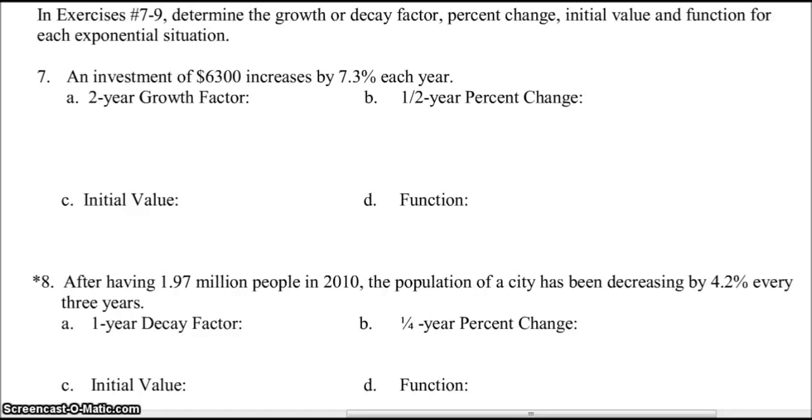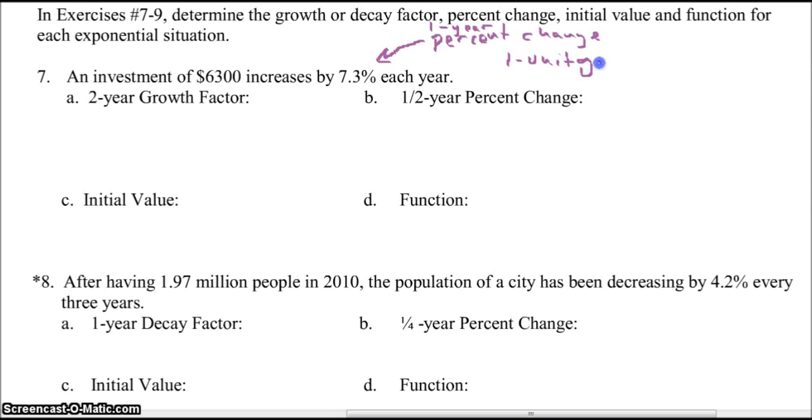So 7, an investment of 6,300 increases by 7.3% each year. Okay, so what do we have here? First of all, we have the 7.3% increase. That's our percent change, our 1 year percent change. So I want the 1-unit growth factor.